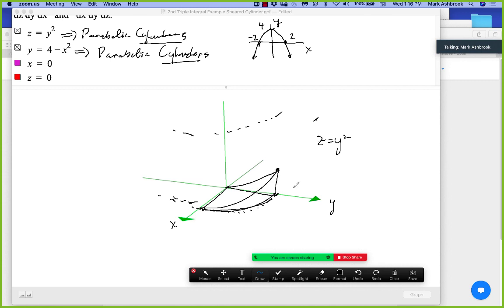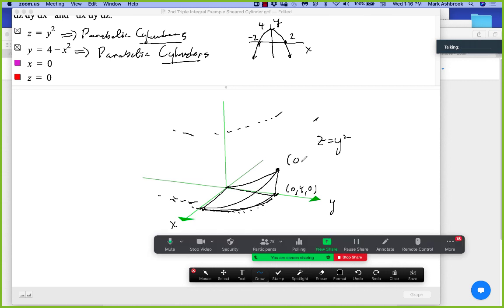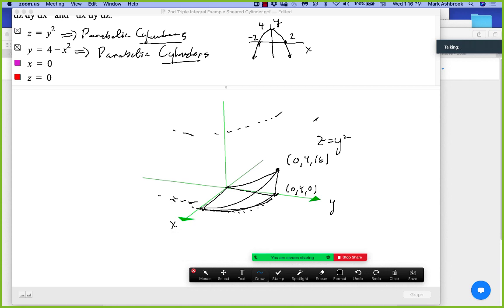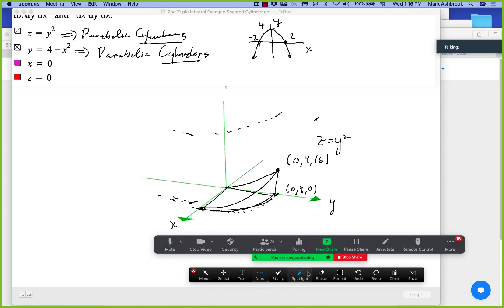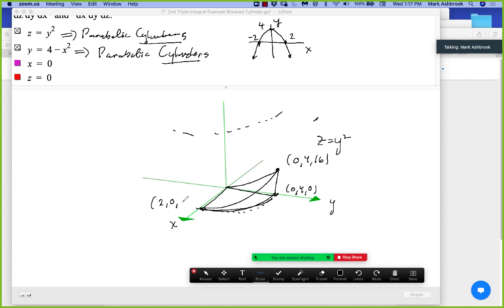So let's write some coordinates down here. This would be 0, 4, 0. This would be 0, 4, 16. This would be 2, 0, 0.